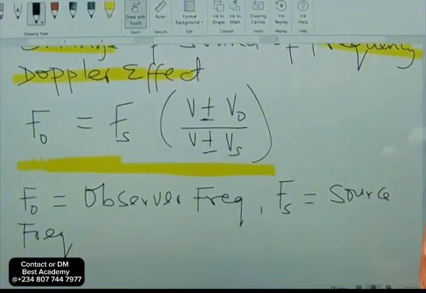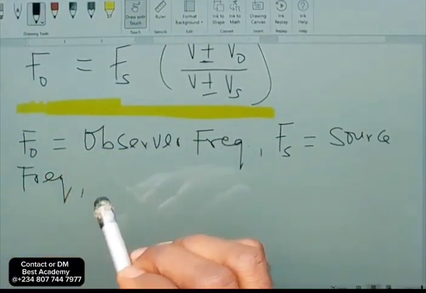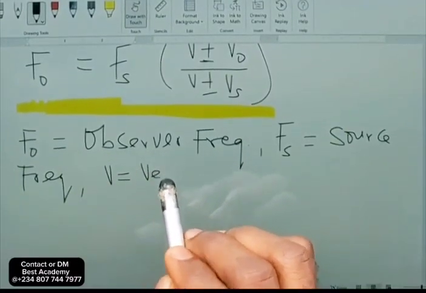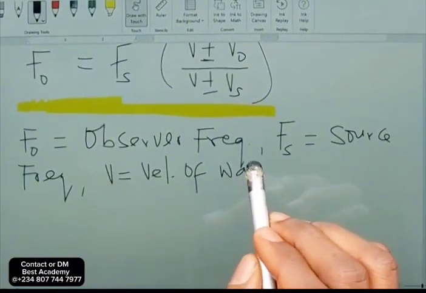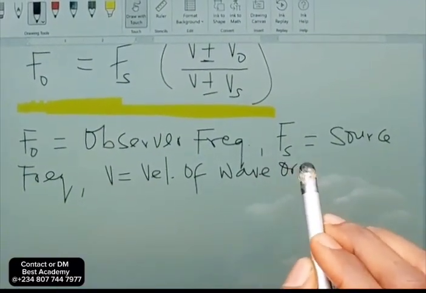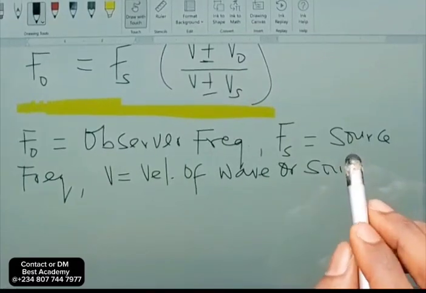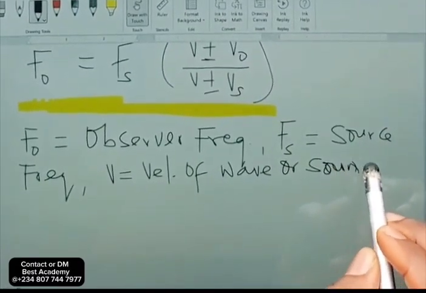All right. The v, that is the velocity there, is said to be the velocity of wave or sound. Velocity of wave or sound.